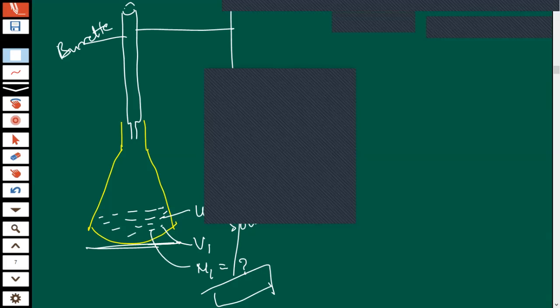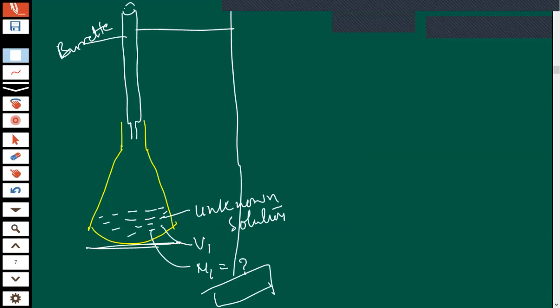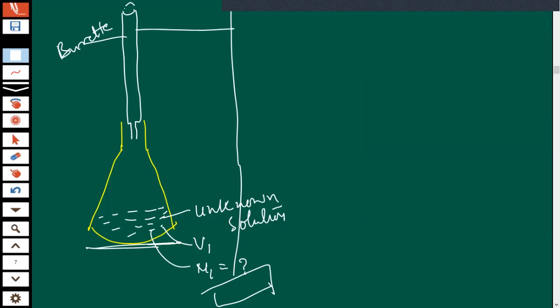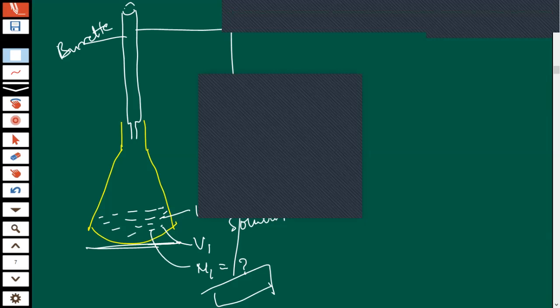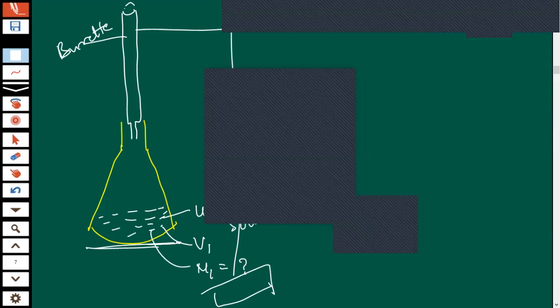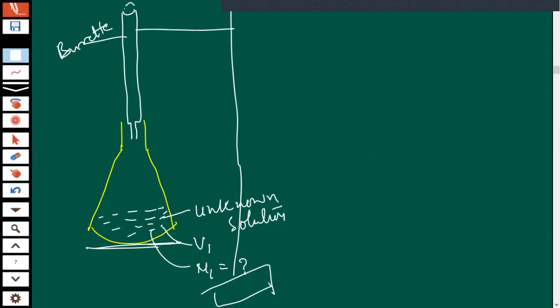Okay, right. So what is this above the conical flask? Burette. Already I have written burette.